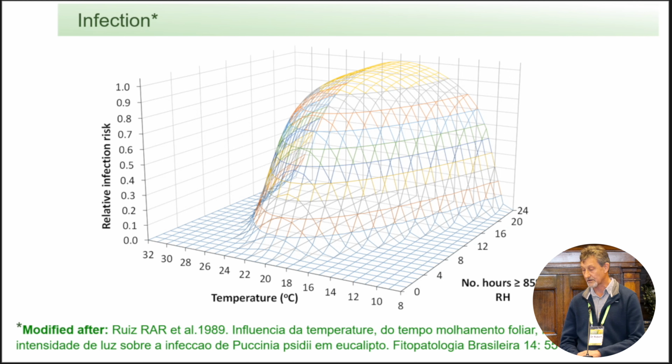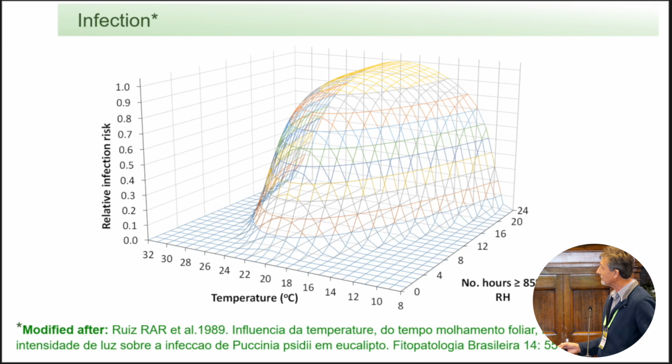And it's got temperature on one axis, and the number of hours above 85% humidity, which is a measure of the wetness period, and then relative risk on the vertical scale there.